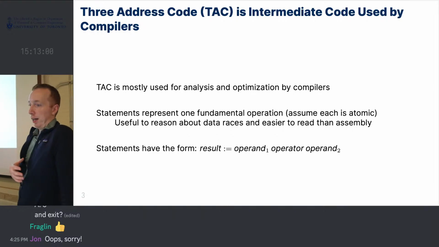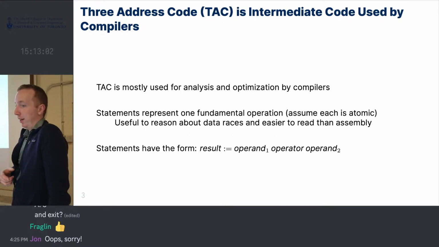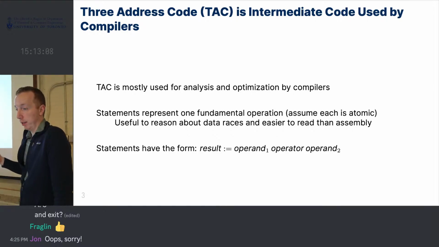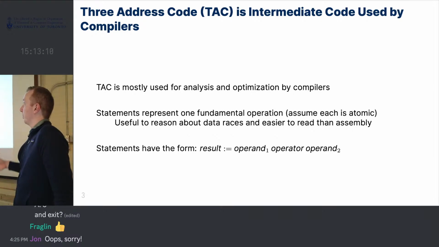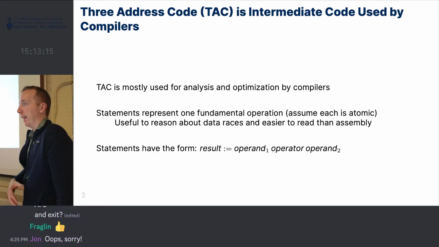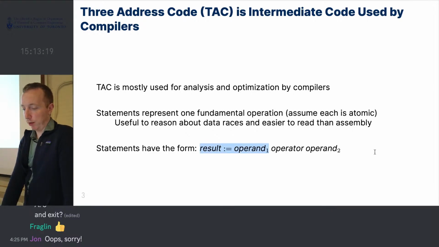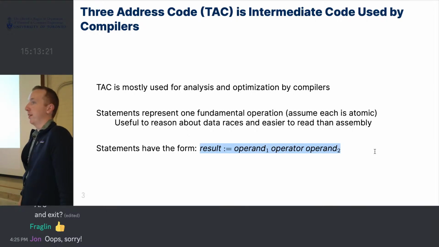What 3-address code looks like is that the statements each represent one fundamental operation, and you assume each of these is atomic. Then we can use these to reason about data races because they are the atomic operations. It's also easier to read than assembly. All of the statements will look like this, and some of the arguments are optional.